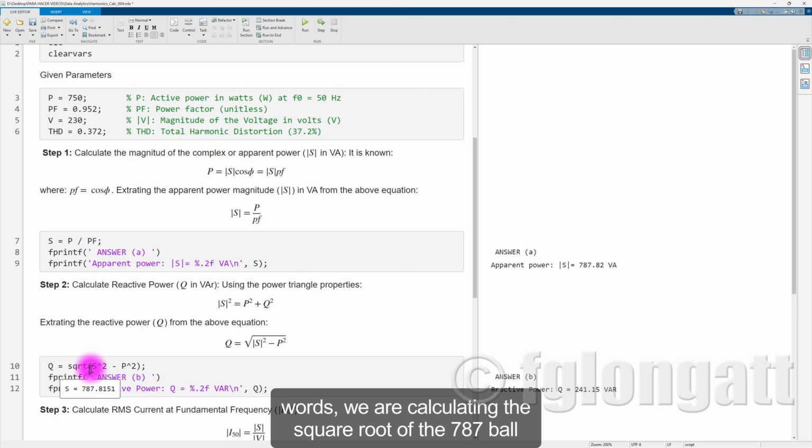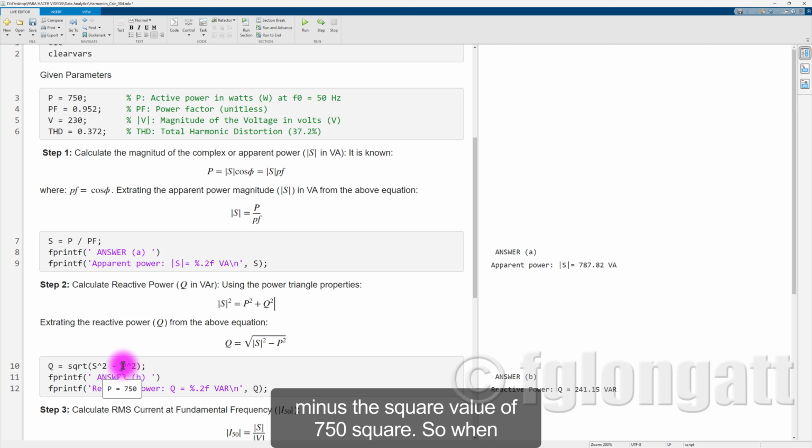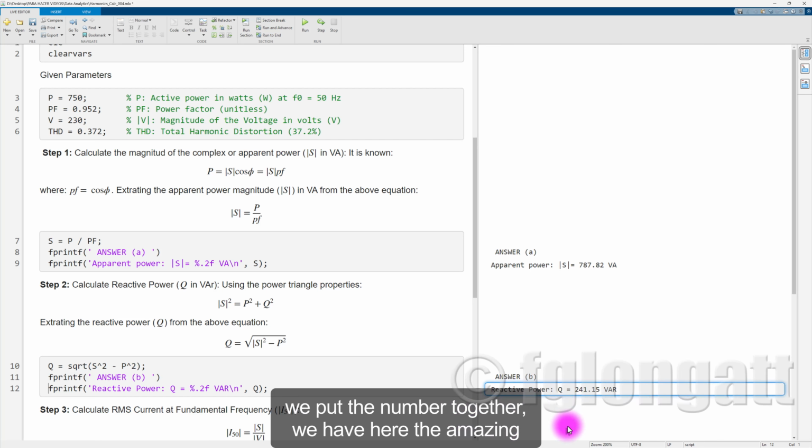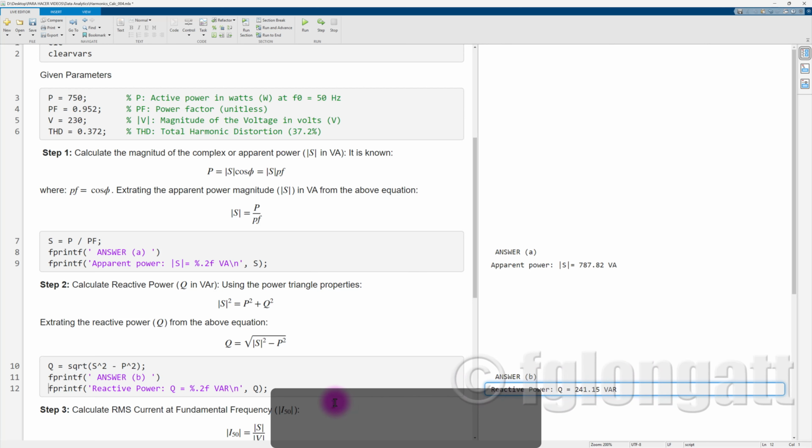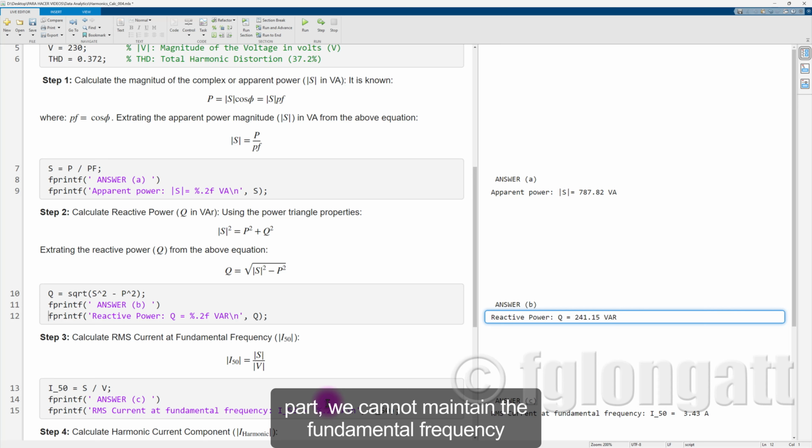In other words, we are calculating the square root of 787 volt amps squared minus 750 watts squared. So when we put the numbers together, we have here the reactive power, numerically equal to 241.1 volt amps.